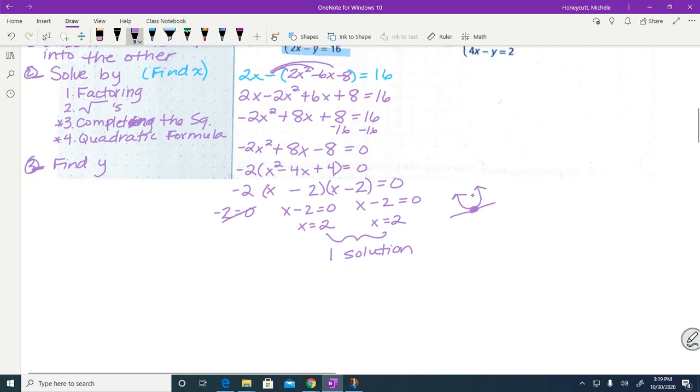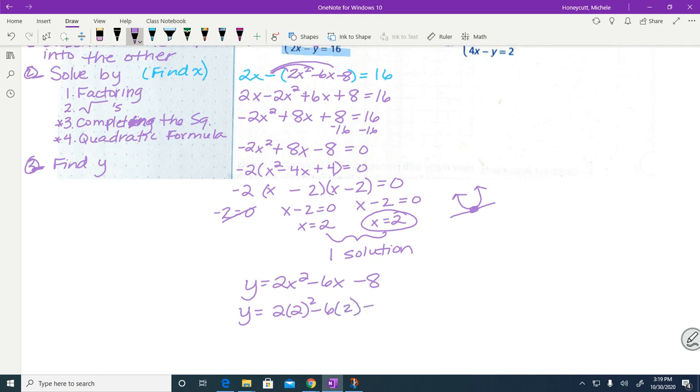I know that y equals 2x squared minus 6x minus 8, but I figured out that x was 2. So y equals 2 times 2 squared minus 6 times 2 minus 8, which is 2 times 4 is 8 minus 12 minus 8.